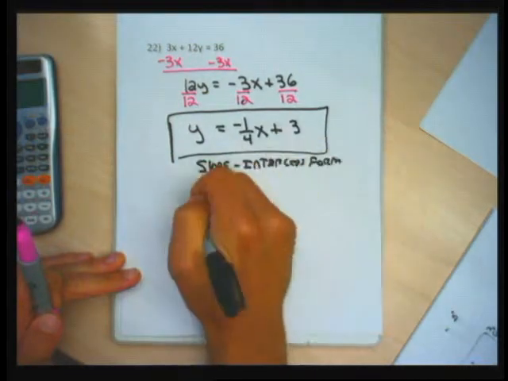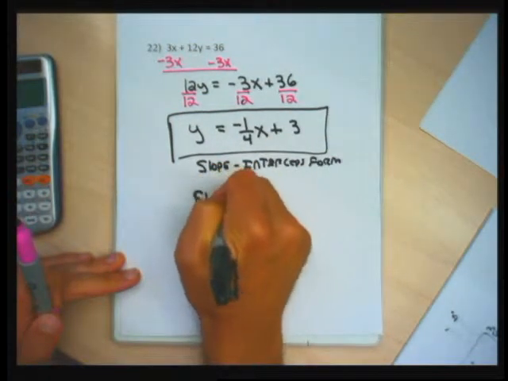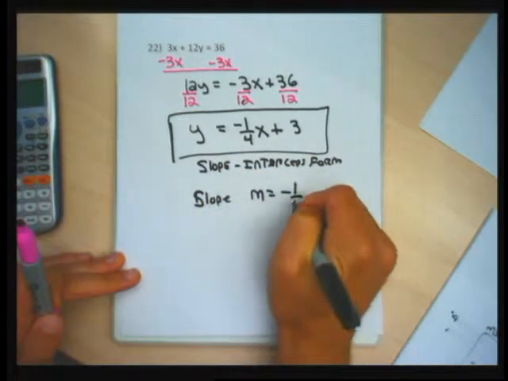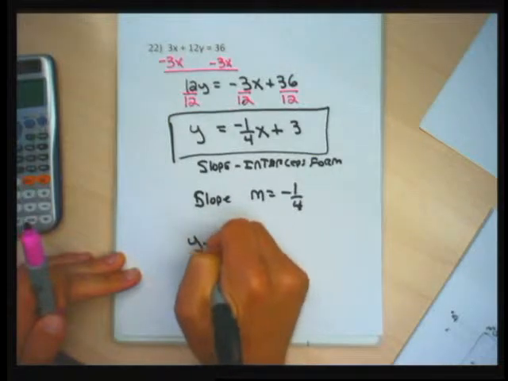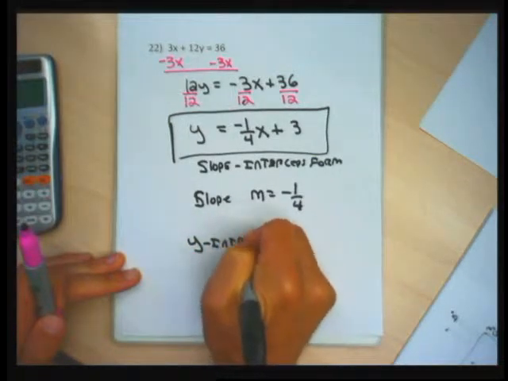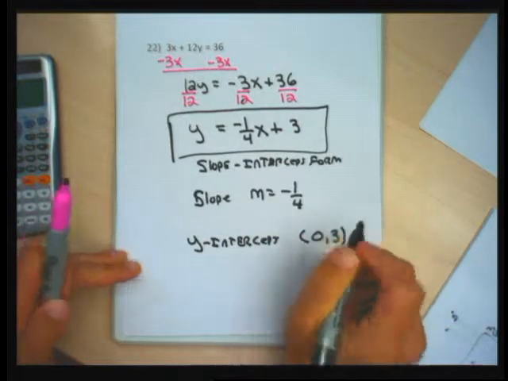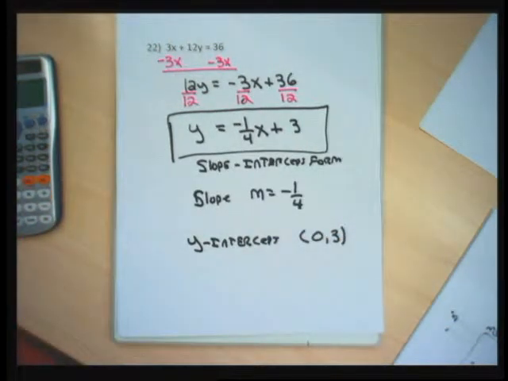Now I can look at it and tell you that the slope is negative 1/4, and the y-intercept is the 0, 3. It's everything there is to do for that. It wouldn't be uncommon to ask you to graph that, but since I didn't ask for a graph, I'm not taking the time to graph it.